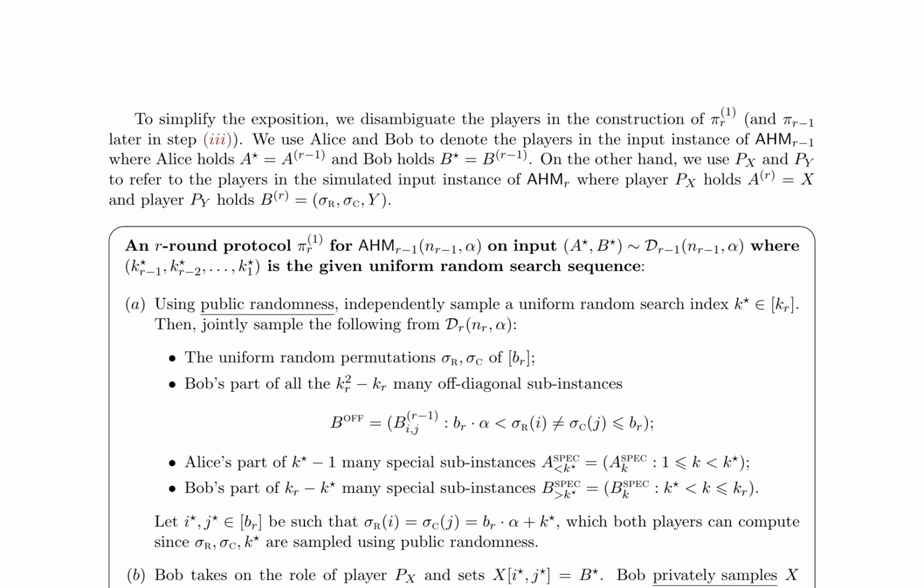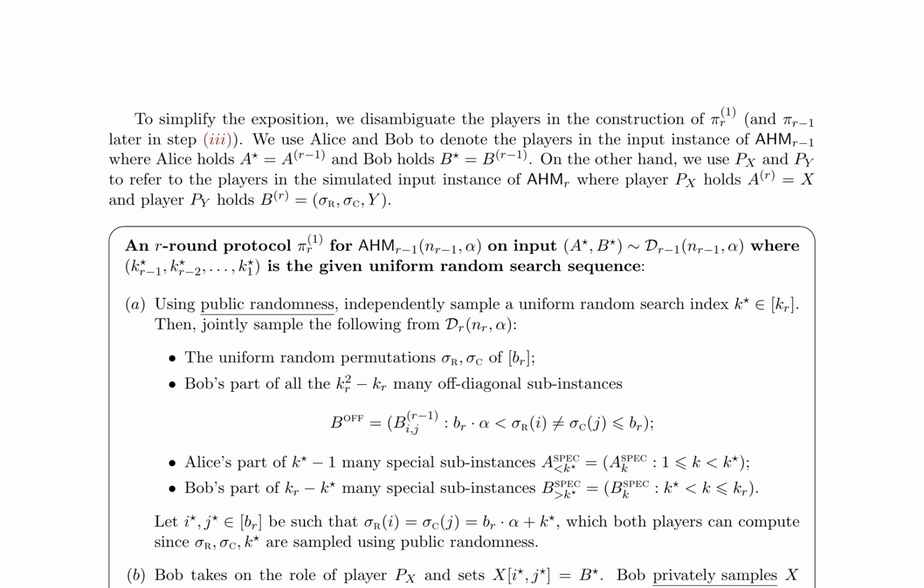The authors then define i-star, j-star, elements of b r, such that sigma r of i equals sigma c of j equals b r alpha plus k-star, which both players can compute since sigma r, sigma c, k-star are sampled using public randomness.